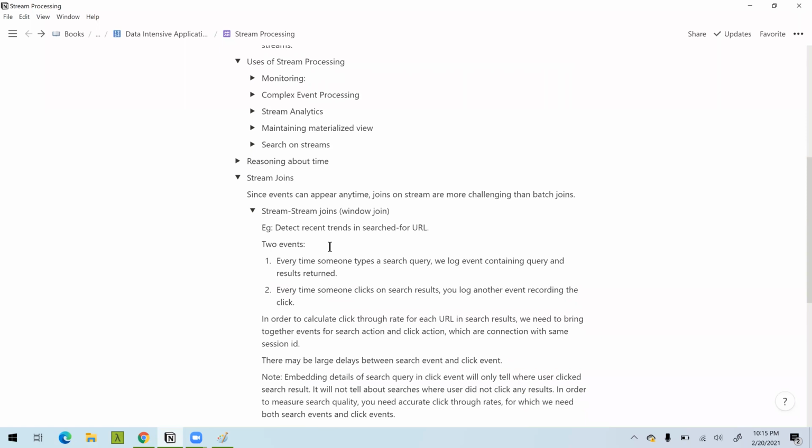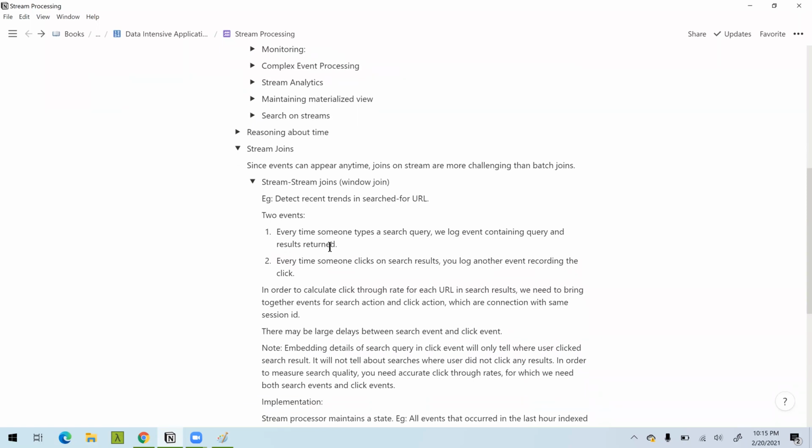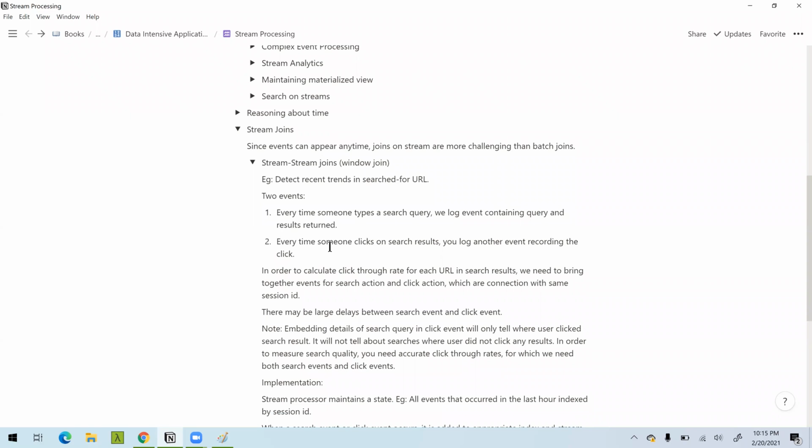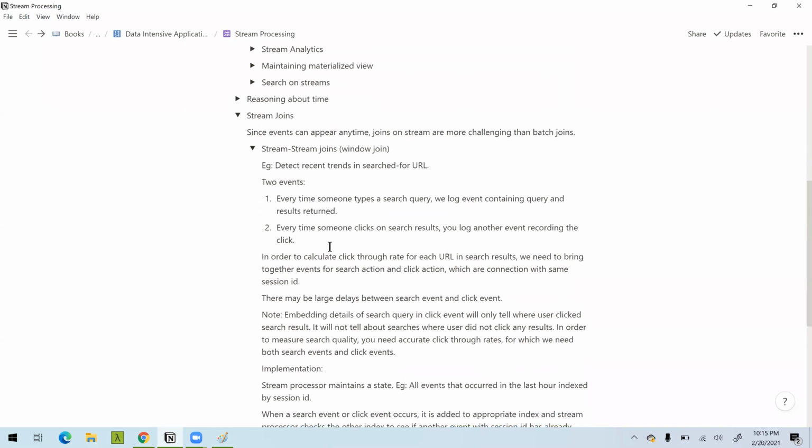How it is explained in the book is through an example, so I'll also try to go through that example. Let's say on your website you have a search bar, right?